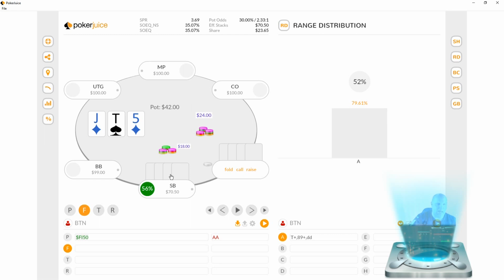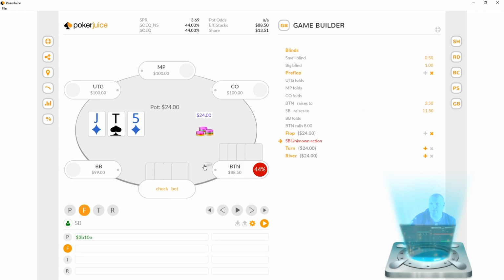And if we have any backdoors, any runner-runner, or gutshot on the flop, we could also check, because the opponent is going to check back quite often. So let's put this aside, and let's say that if we check, we change a little.